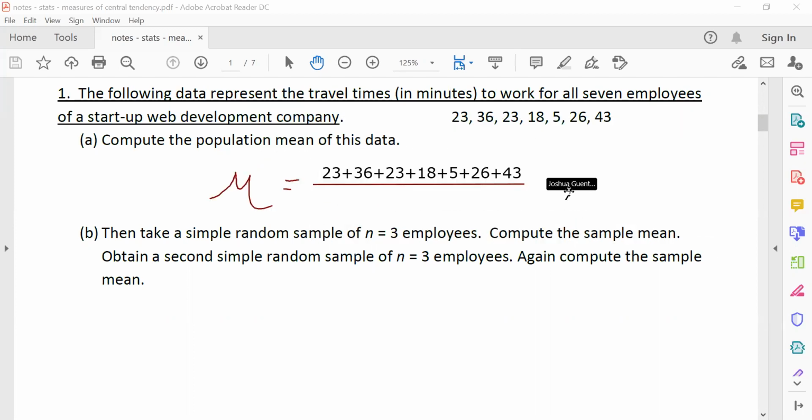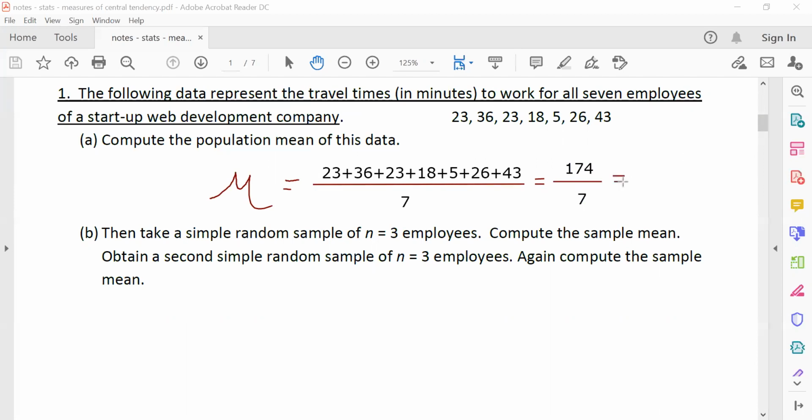And so now we're going to do the calculation. On top, you're going to get 174. On bottom, you're going to get 7.